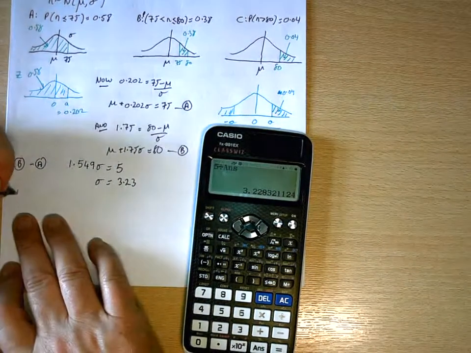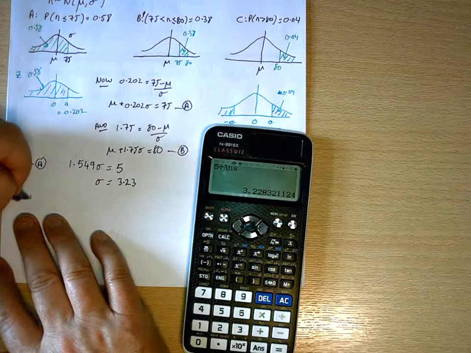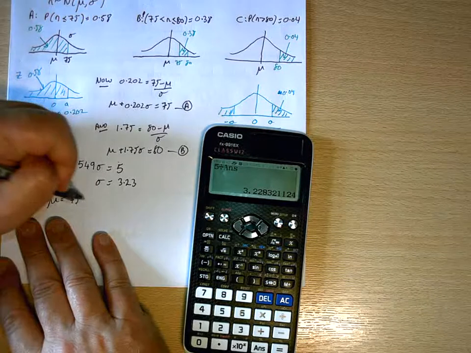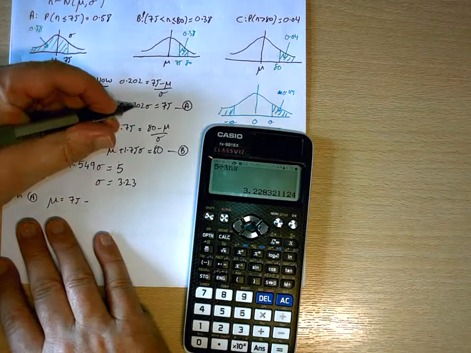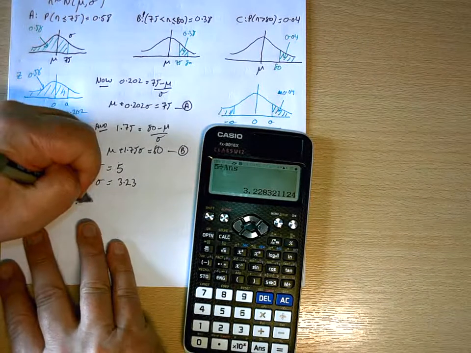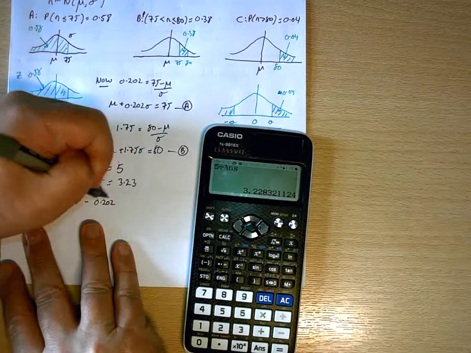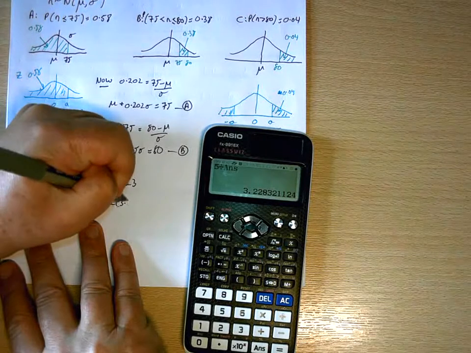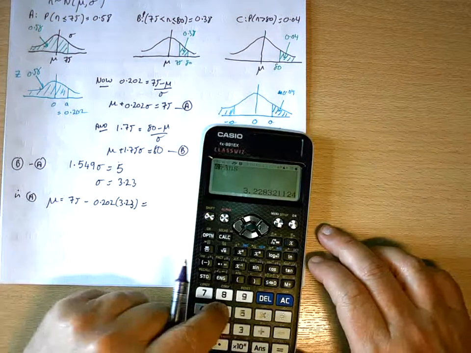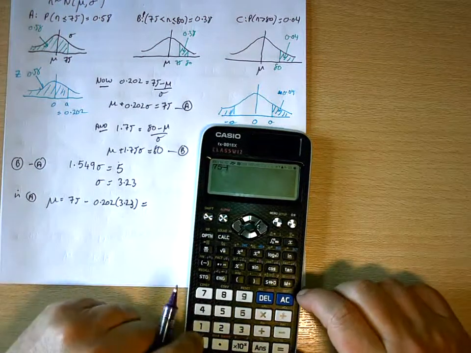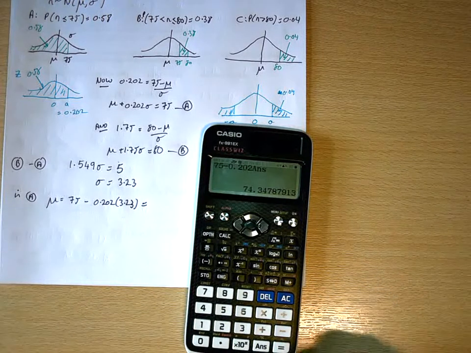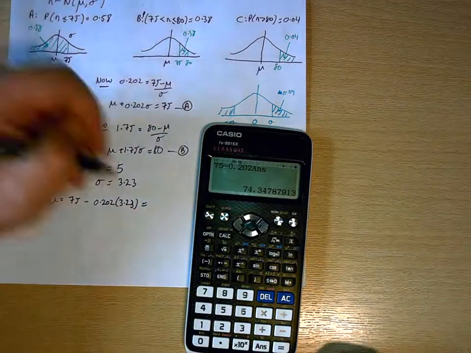Then if I sub that in, doesn't matter which one, A, then mu is going to be 75 minus 0.202 times the standard deviation, which we've got there. So mu equals 75 minus 0.202 times the previous answer, which is 74.35.